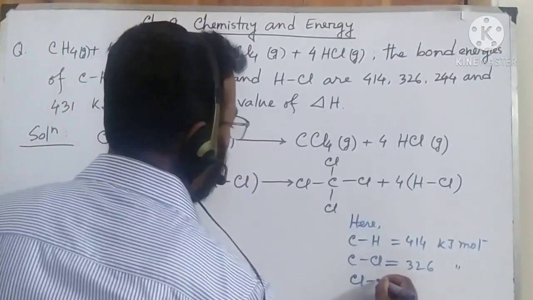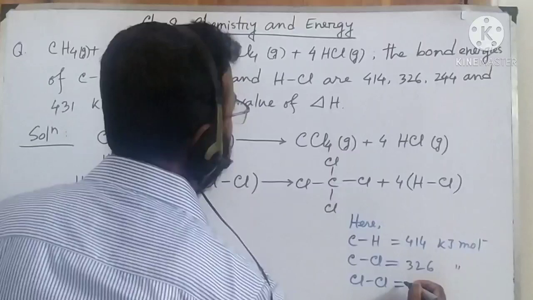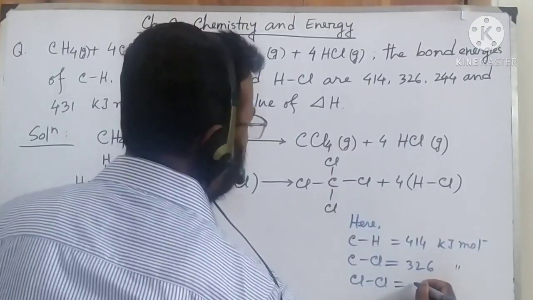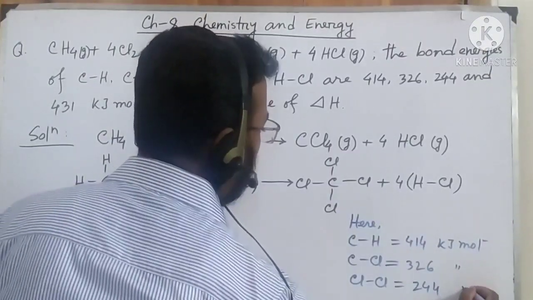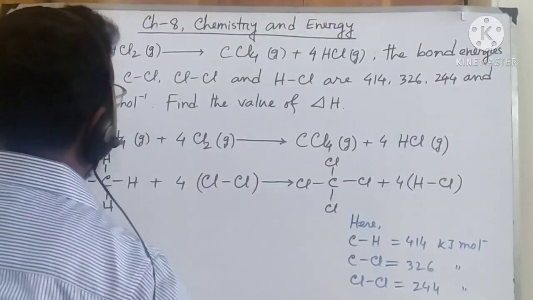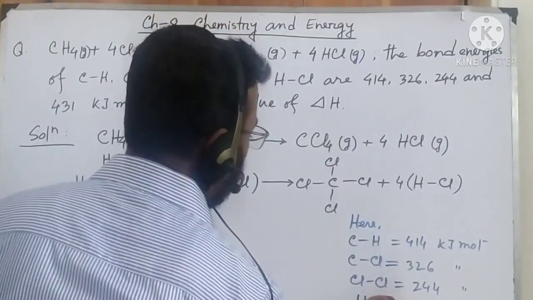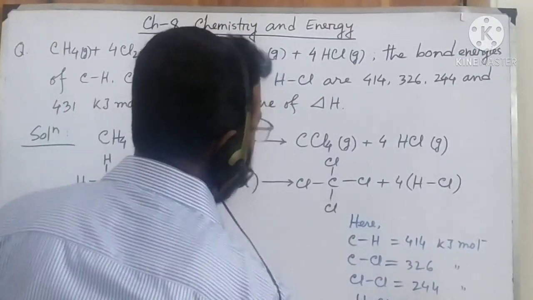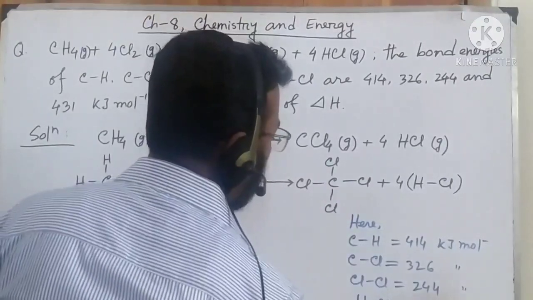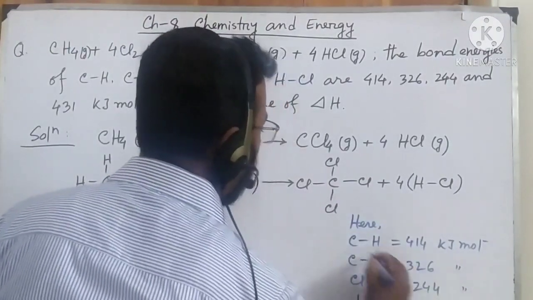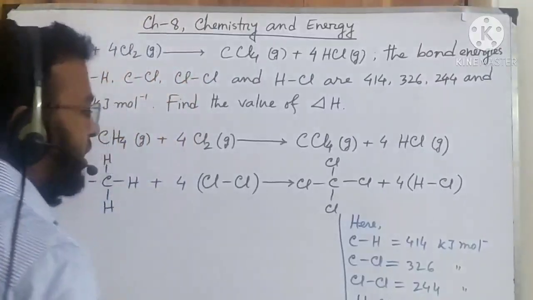Then the chlorine chlorine bond energy is 244 kilojoule per mole. Then the hydrogen chlorine bond energy is 431 kilojoule per mole. So these are the bond energies given.